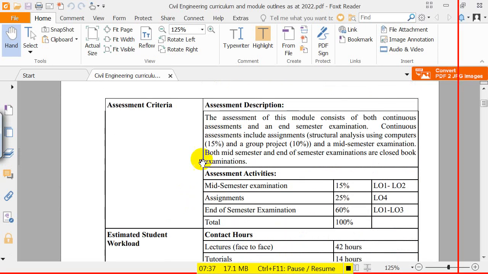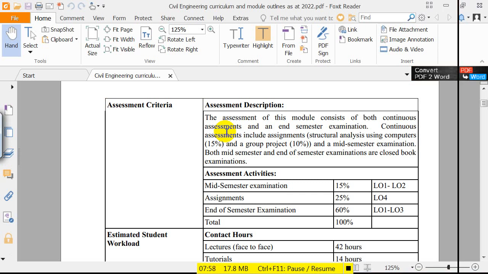Another important aspect of the module outline is the assessment criteria: how we are going to assess you during this semester.